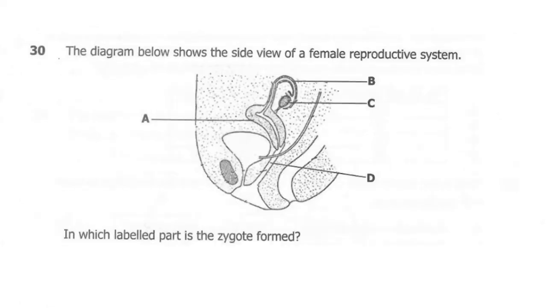Question 30. The diagram below shows the side view of a female reproductive system. In which labeled part is the zygote formed? Is it A, B, C, or D?